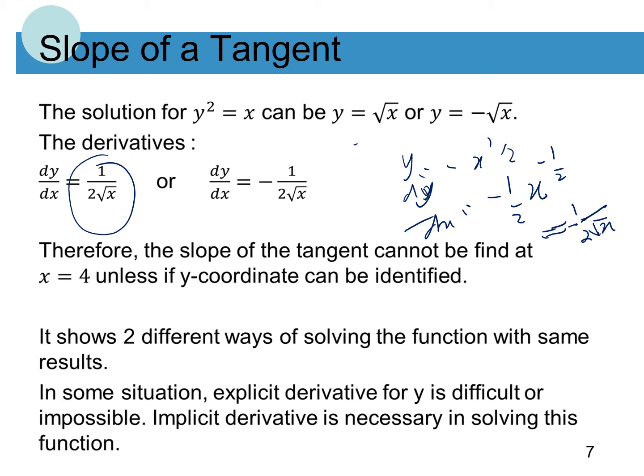Then, therefore, the slope of the tangent cannot be found at x equal to 4 unless the y coordinate can be identified.